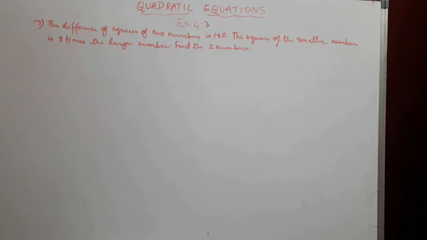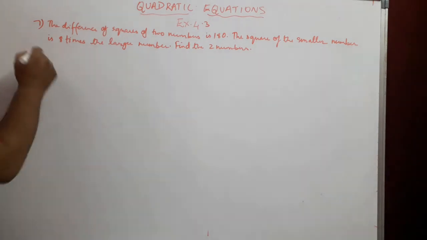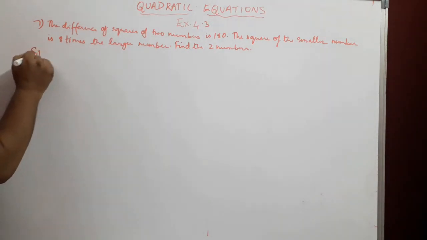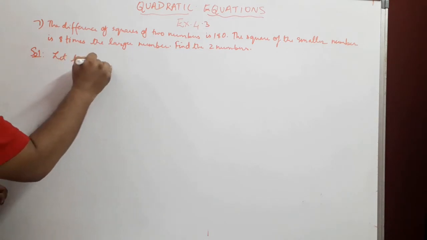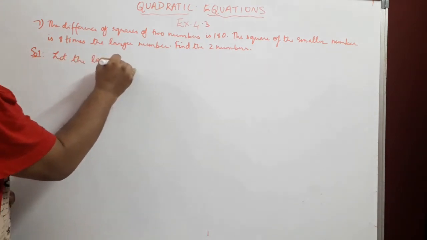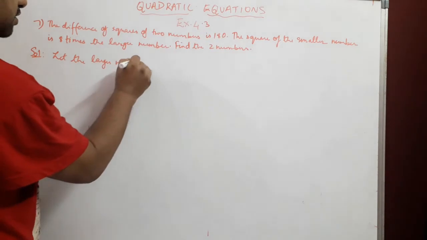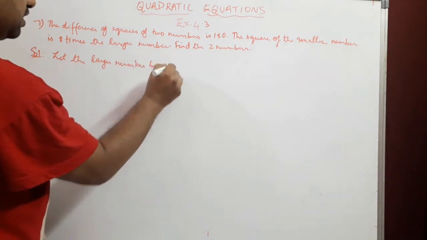Next problem is, the difference of squares of two numbers is 180. The square of the smaller number is 8 times the larger number. Find the two numbers. So a smaller number is getting compared to a larger number. So what we'll do is, we'll assume the larger number to be x. Let the larger number be x.